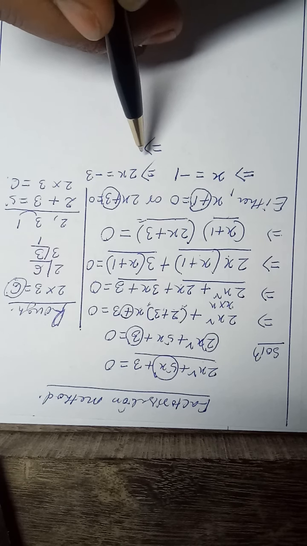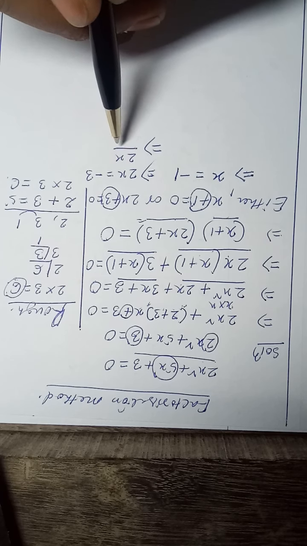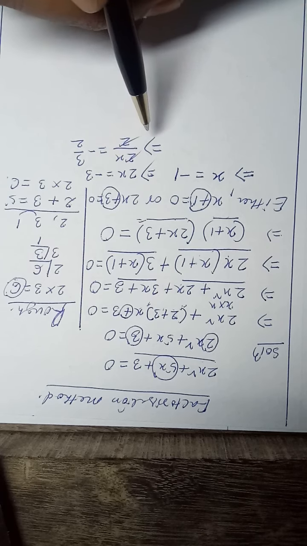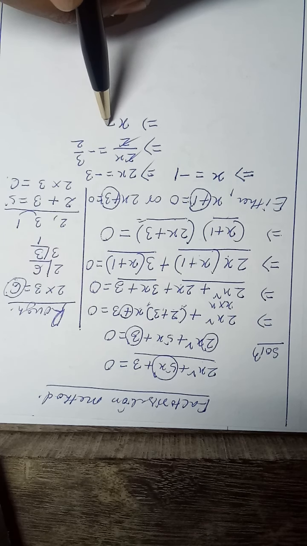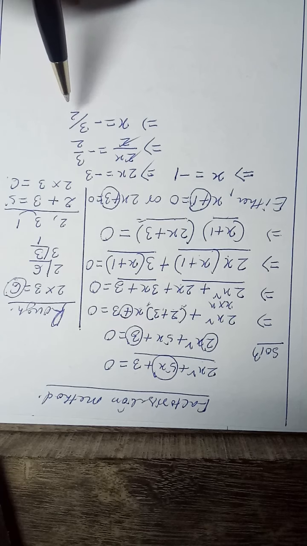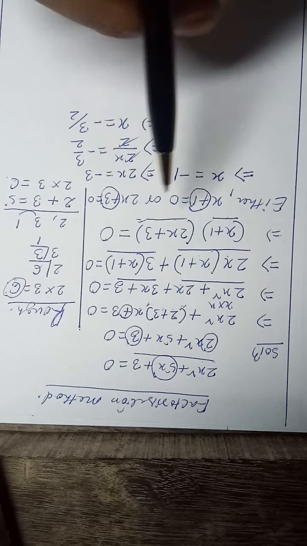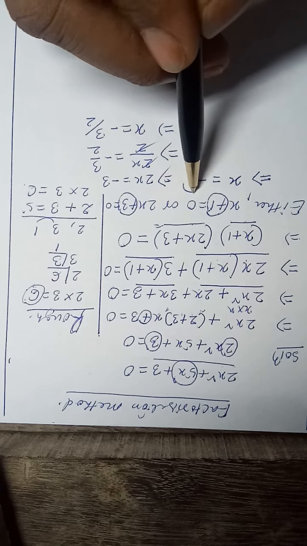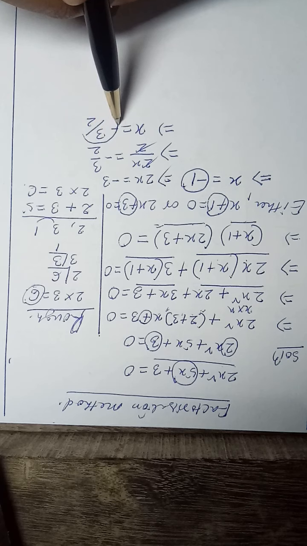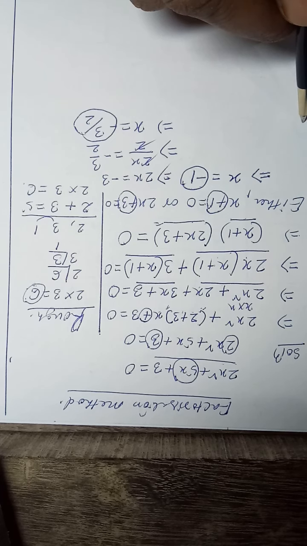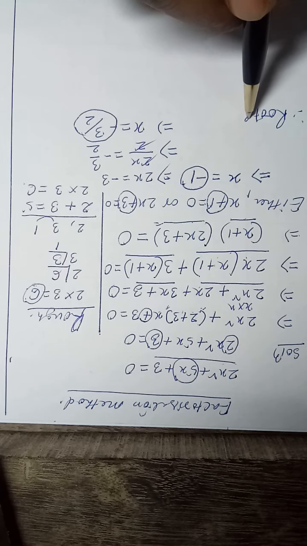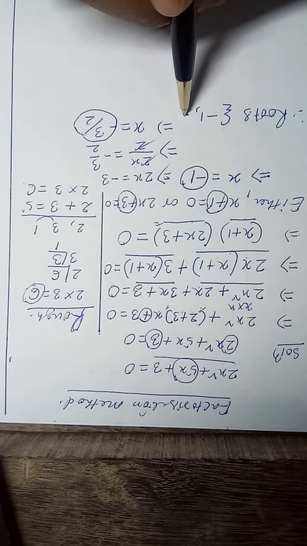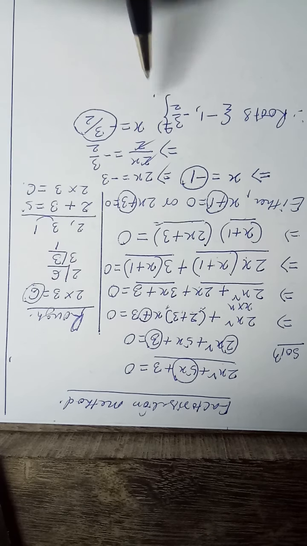Now both sides are divided by the coefficient of x, so −3 by 2, then 2 and 2 cancel, that is x = −3/2. Then the solution of the equation 2x² + 5x + 3 = 0 is found: −1 and −3/2. Therefore the roots of the equation are −1 and −3/2.